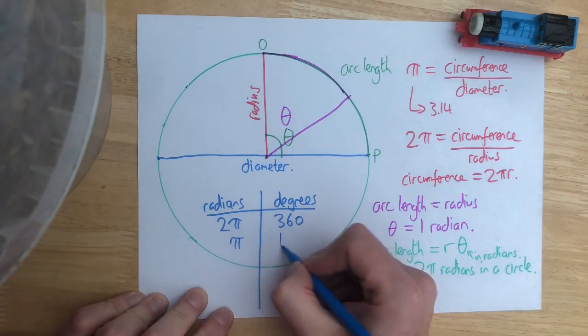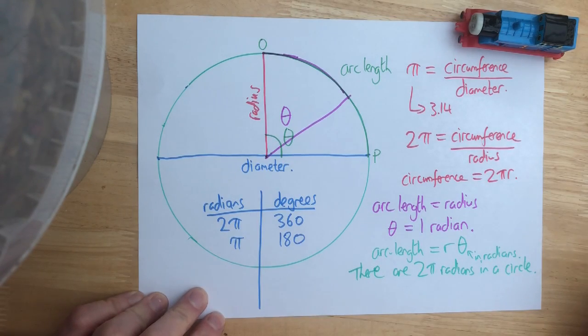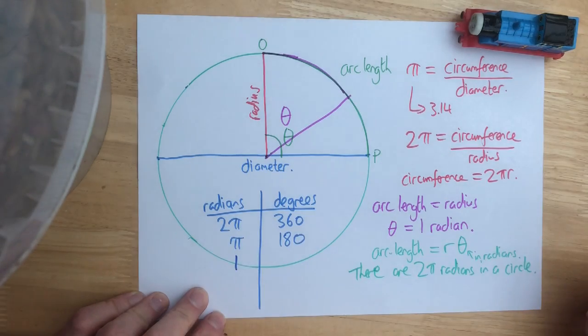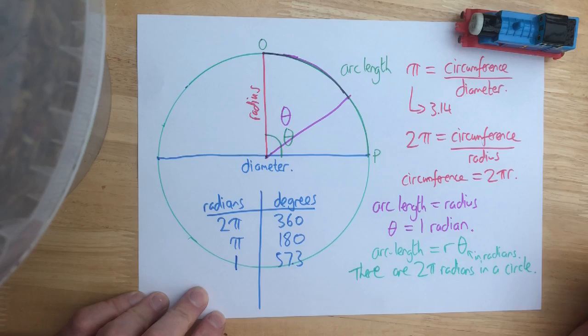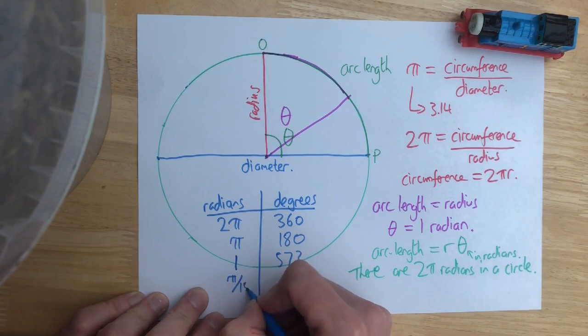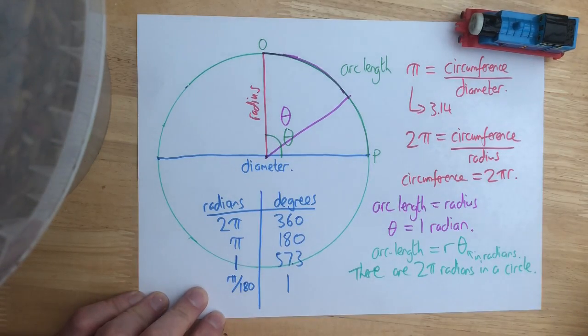Therefore, pi radians is 180 degrees. That's going to be a useful little conversion measure, just getting in terms of 1 pi. It works out then that 1 radian is 57.3 degrees, and 1 degree is pi divided by 180 radians. That's essentially a rearrangement from up here.